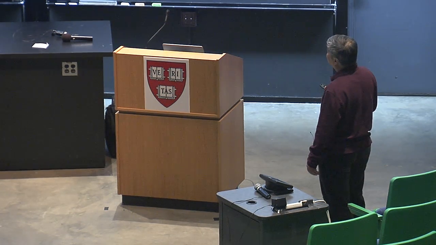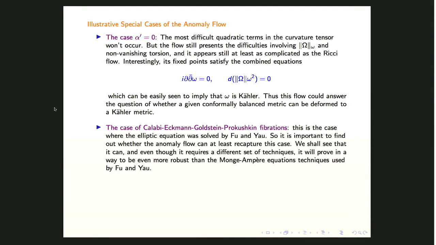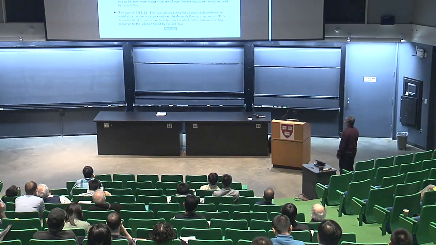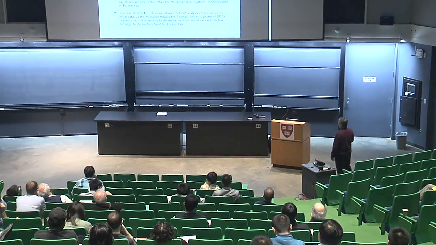So can one recapture it that way? And the good news is that yes, it does. And in fact, in some sense, a little bit more robust than the elliptic techniques. Because in the elliptic techniques, one has to come up with different arguments depending on the sign of this slope, alpha prime, positive or negative. In this case, it turns out that the same arguments work for both. And then finally, this is just a simple toy model, if you will.